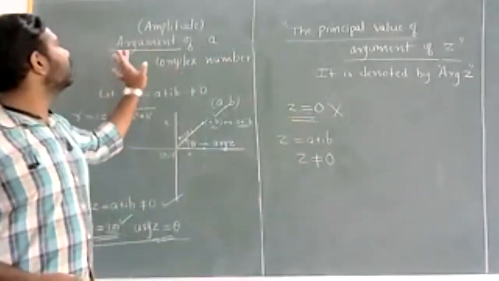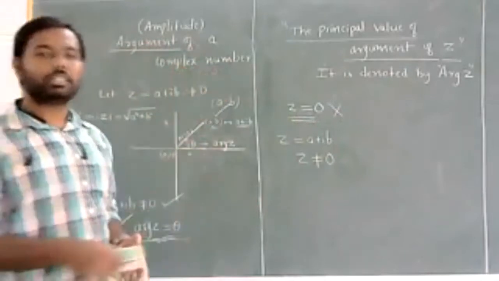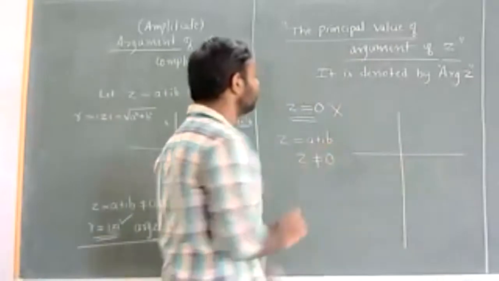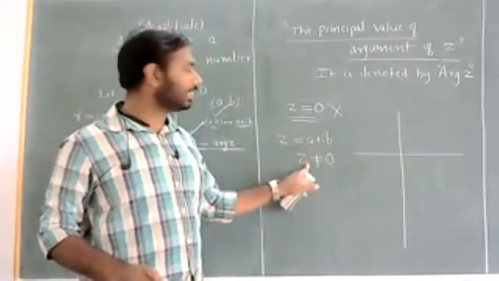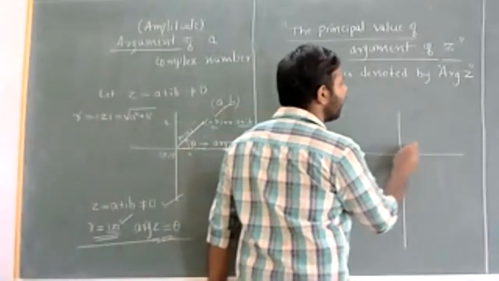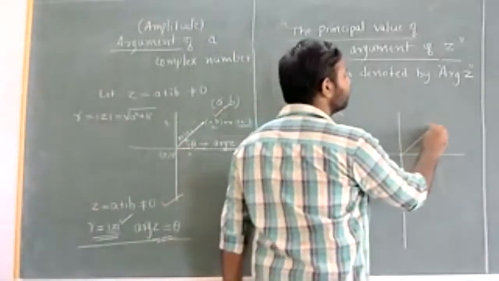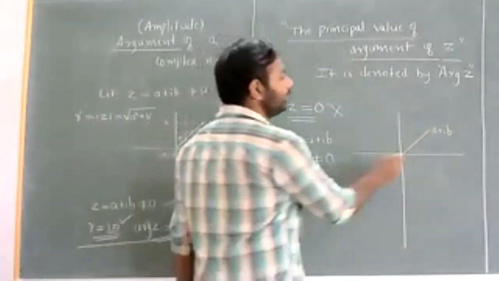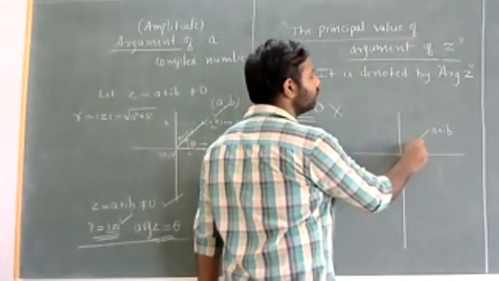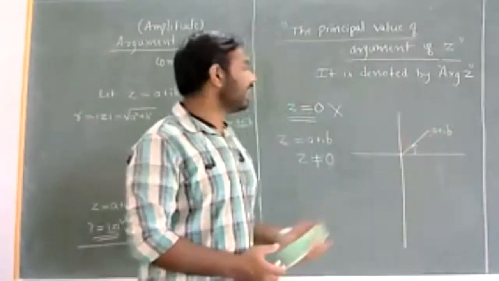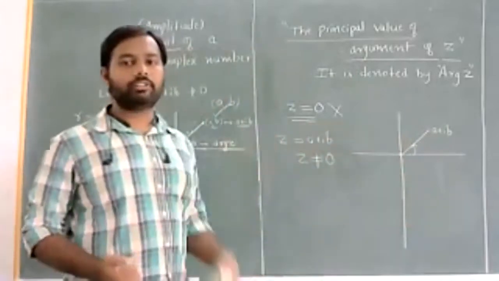In defining the argument of a complex number, what have we actually done here? If we have a non-zero complex number, we draw a line from the zero complex number to that complex number, and we measure the angle from the positive real axis to that line, and that angle is taken as the argument value.